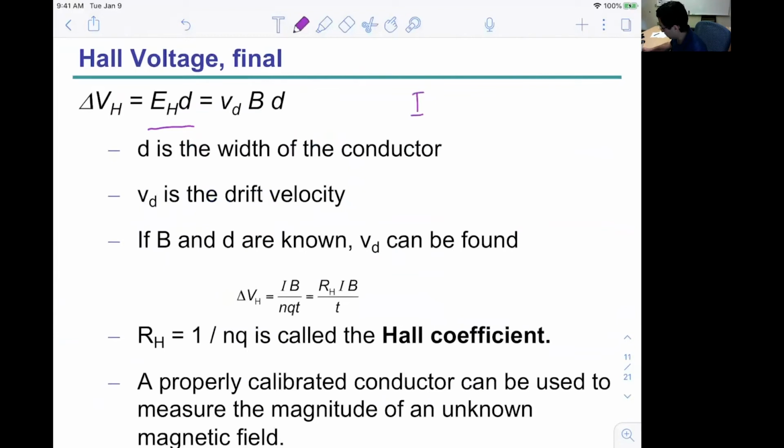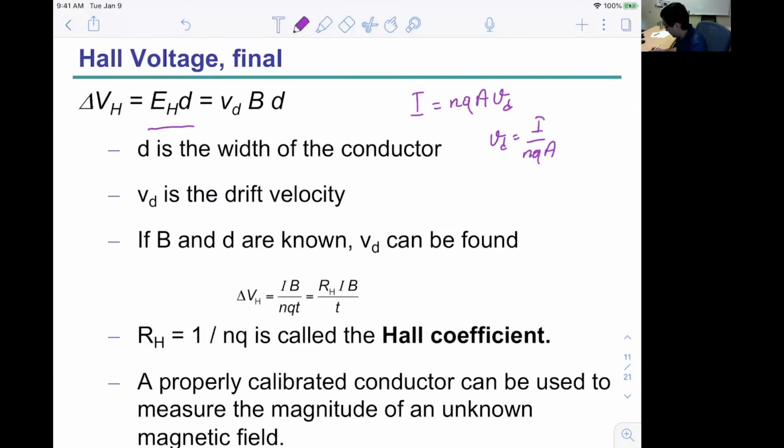If you remember, the current was I equals n Q S, where S is the area, and the drift velocity. So for the drift velocity, you can write I divided by N Q A. Here the T is the thickness.